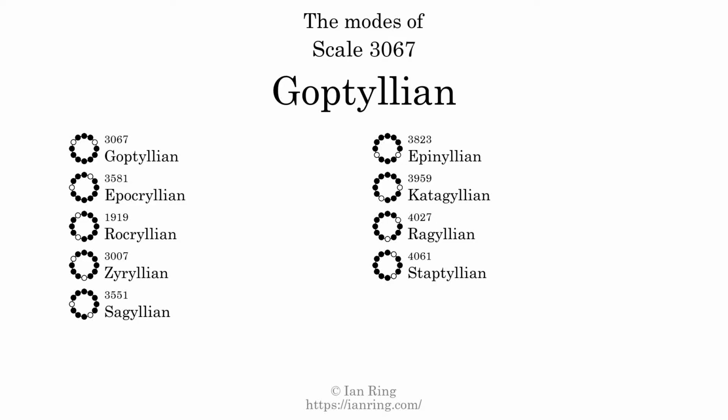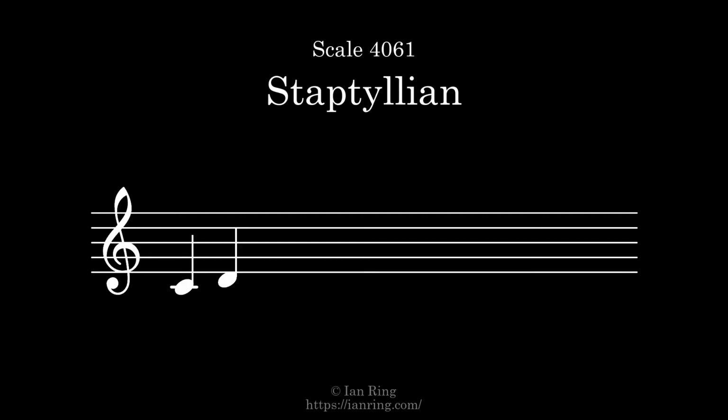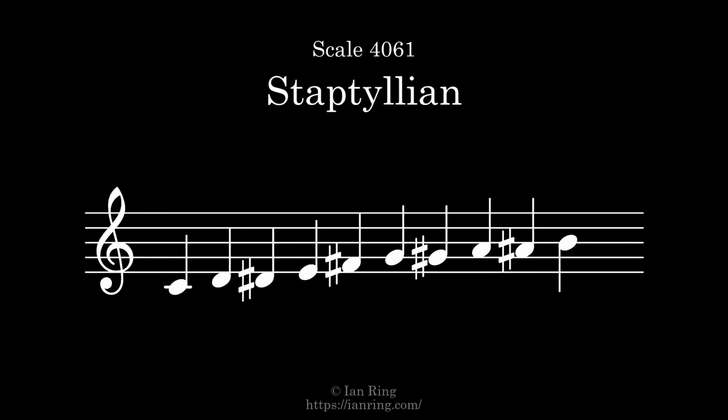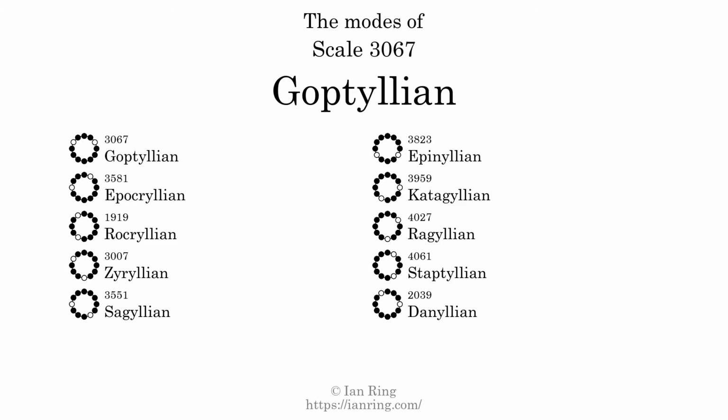The ninth mode is scale 4061, also known as Goptyllian. It sounds like this. The 10th and last mode is scale 2039, also known as Goptyllian. It sounds like this.